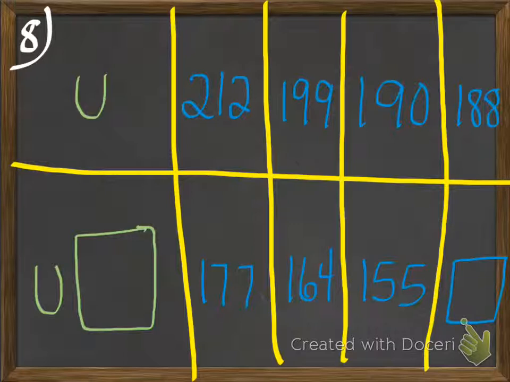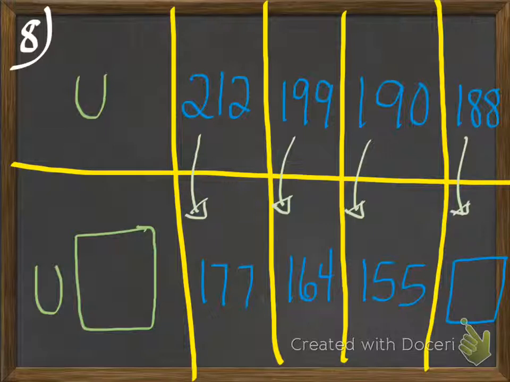Number 8, we have u, which starts off as 212, 199, 190, 188. And u changes. You need to show the operation that shows the change and figure out exactly what is the relationship, how is it changing. Fill in the empty boxes.